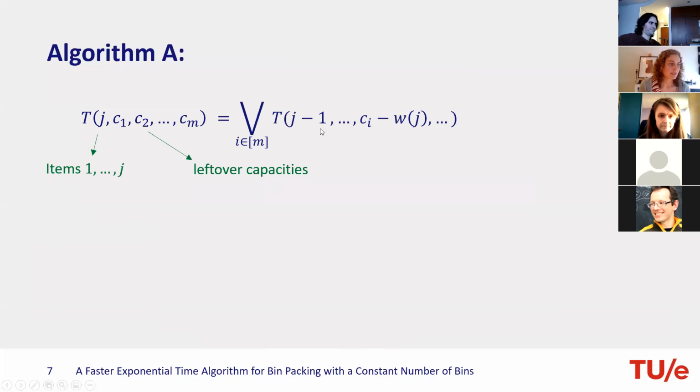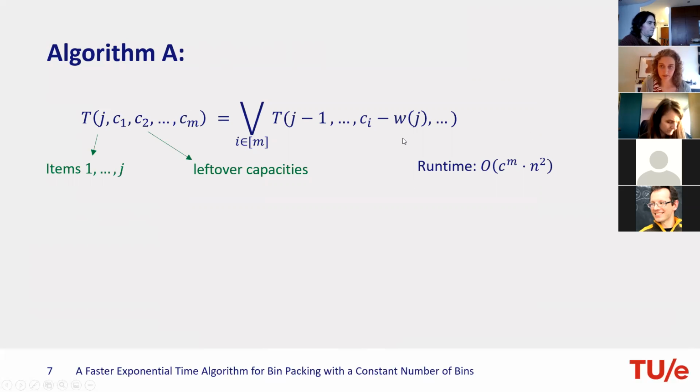We can compute this by a fairly simple formula. We try for item J whether it fits in bin 1, bin 2, bin 3, bin 4, etc., all the way to bin M. We subtract that weight, and we look if the rest of the items then fit in the leftover capacities that we then have. Looking at this quite naively, we get a C to the M algorithm, where C is the capacity.